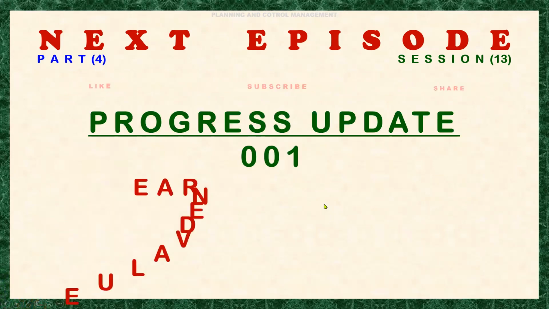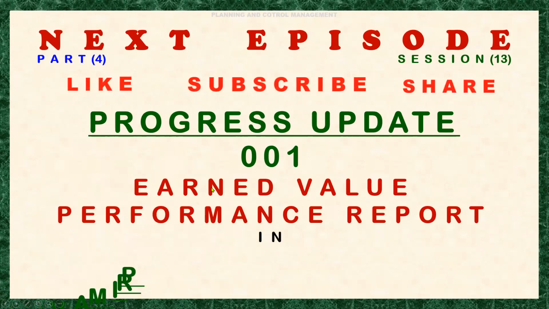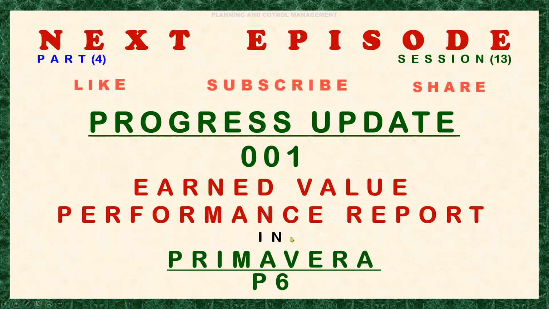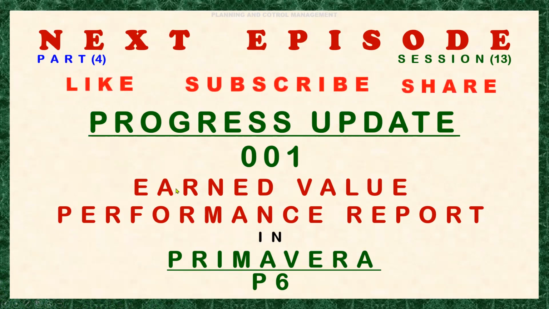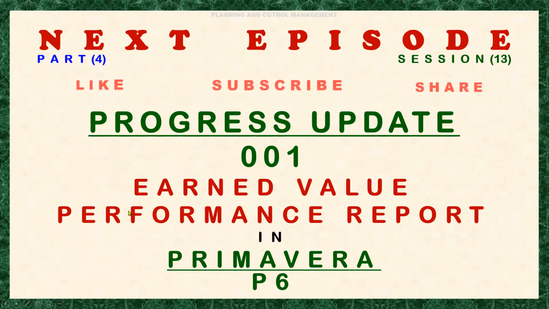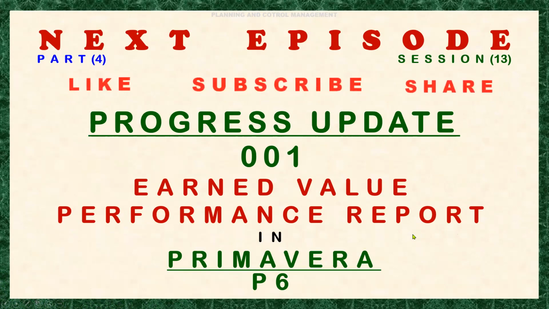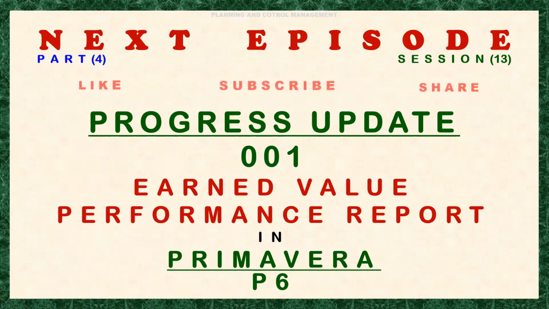Next episode is Part 4, Session 13, and it will be about Progress Update 001, Earned Value Performance Report in Primavera P6. Take note that we will be discussing two parts of the earned value: the first is the performance report, and the next is the estimate at completion calculation.